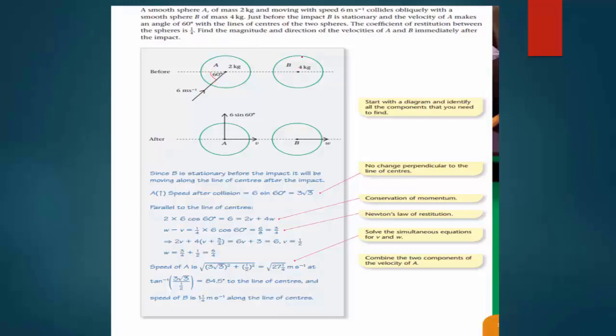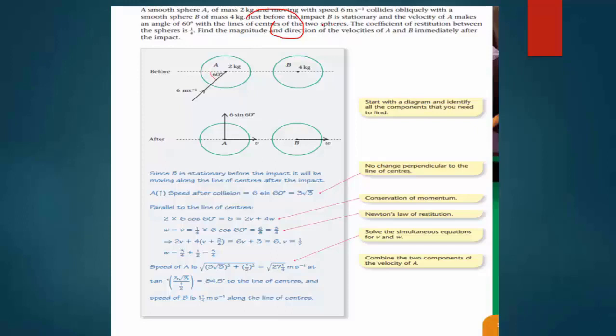Actually it was moving, so suppose it is somewhere there, it will go and collide. Just before impact, B is stationary. B was there, and A went and collided. And the velocity of A makes an angle of 60 degrees with the line of centers of the two spheres.